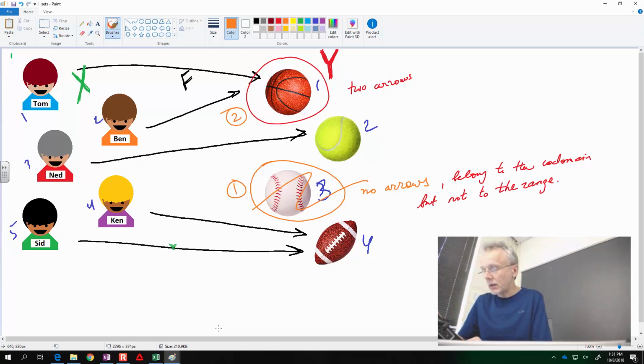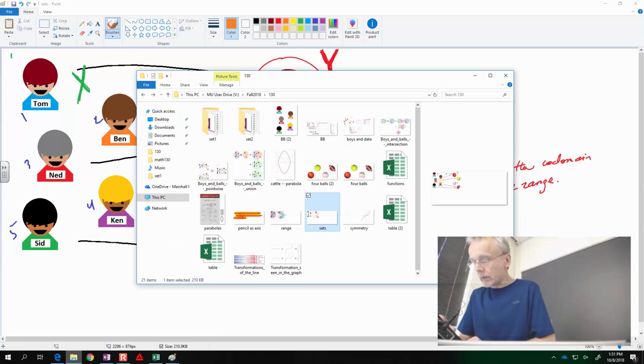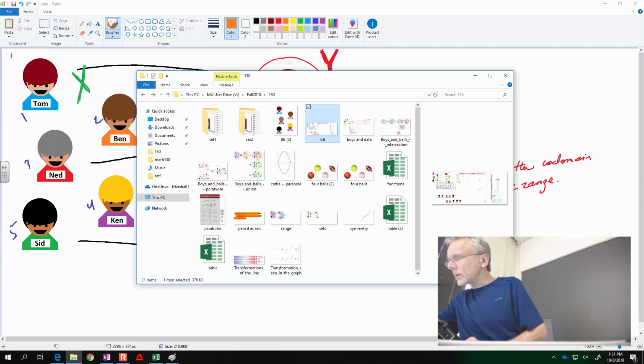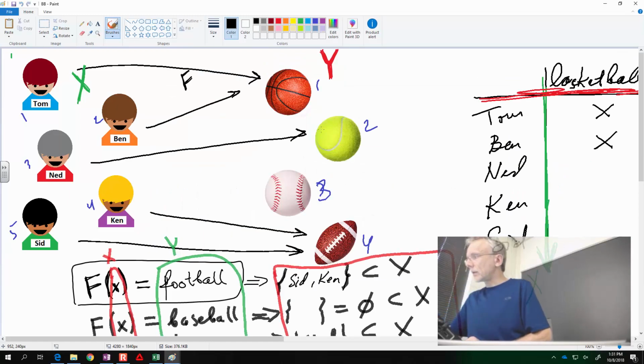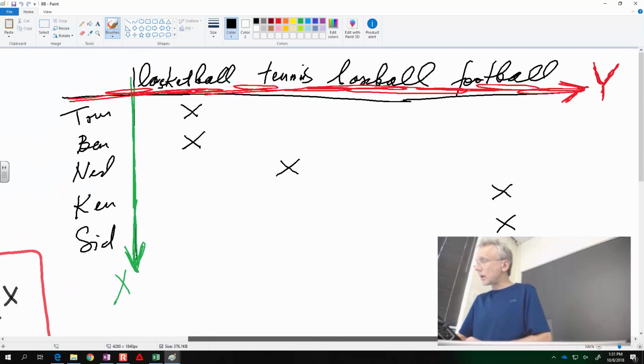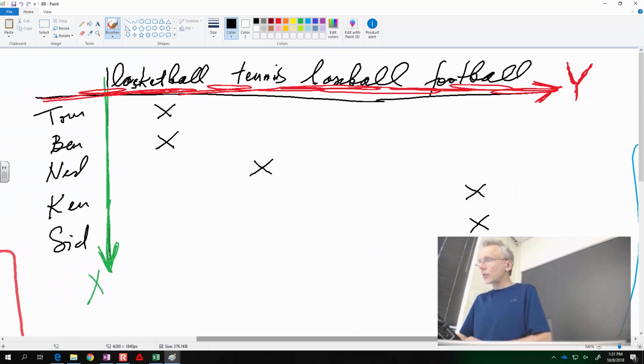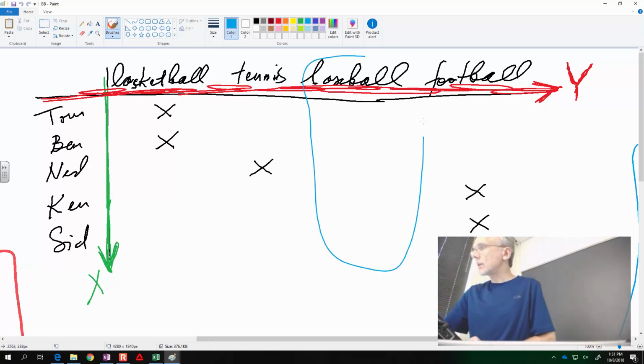Maybe I can find it. It's here somewhere, my table of values. Okay, this is the table of values, and the problem is visible. There are no crosses under baseball.